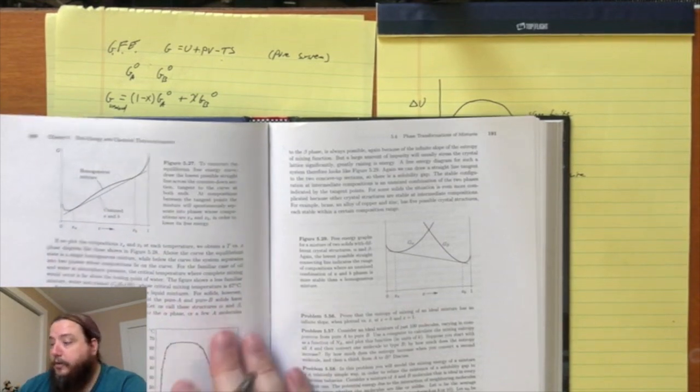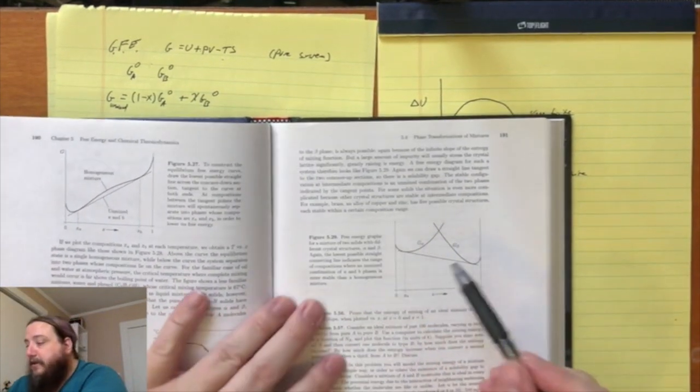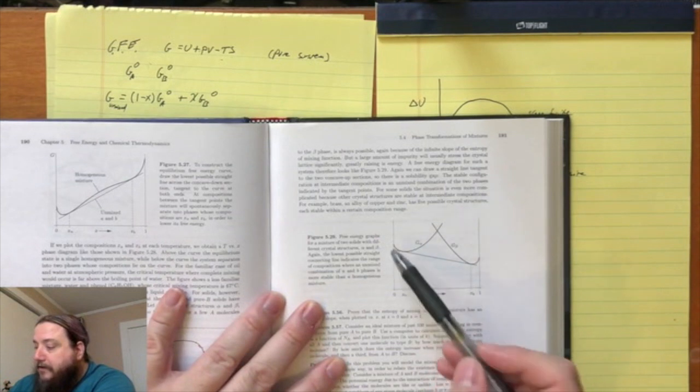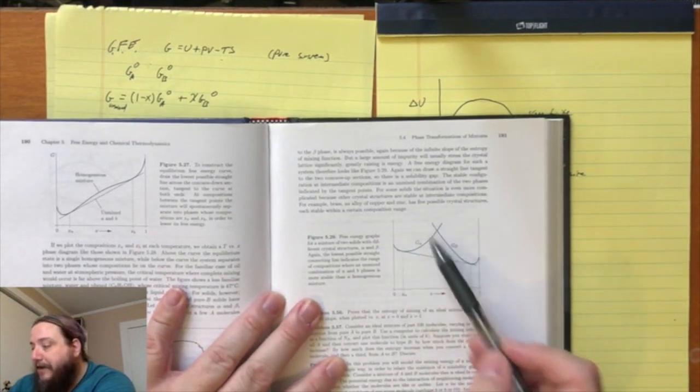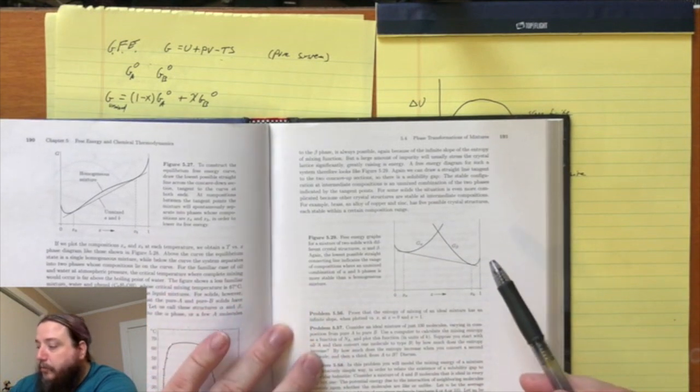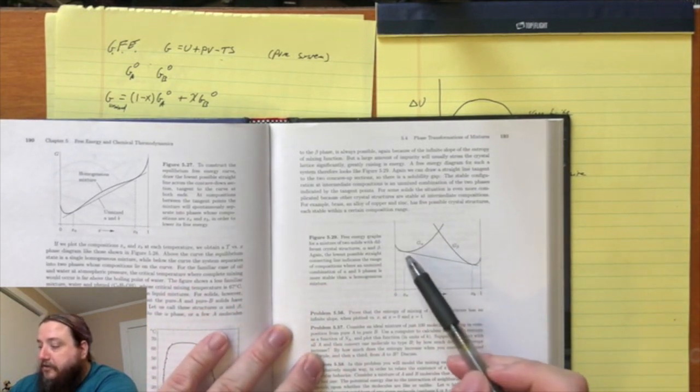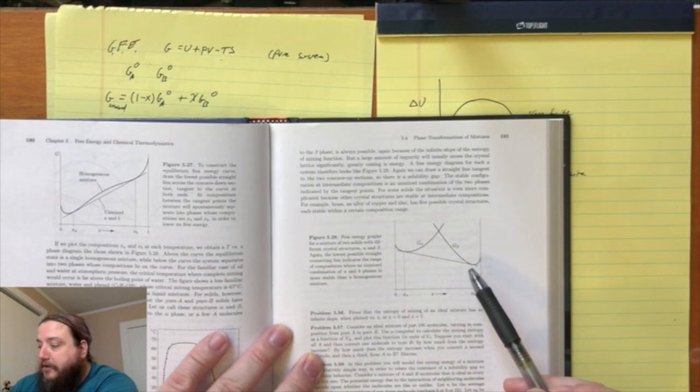start to rise very quickly, and you get diagrams like this where you can see the Gibbs free energy for, in this case, alpha and beta for different mixtures, and you can see these energy terms rise very quickly.